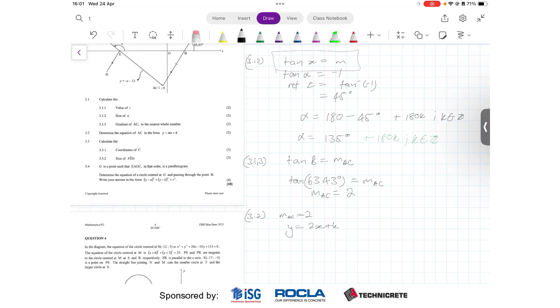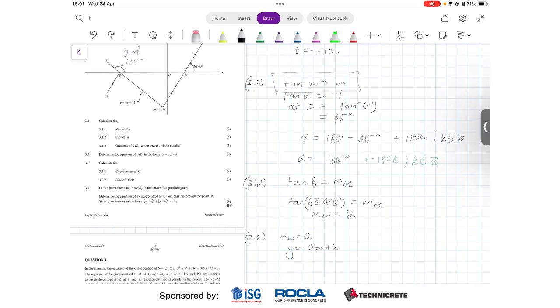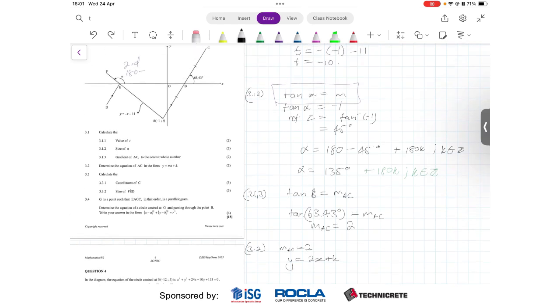Now, you may be wondering, what can we do in this scenario to find k, which will give us the equation of the straight line AC? What will give us the equation is substituting a point that lies on the line AC.